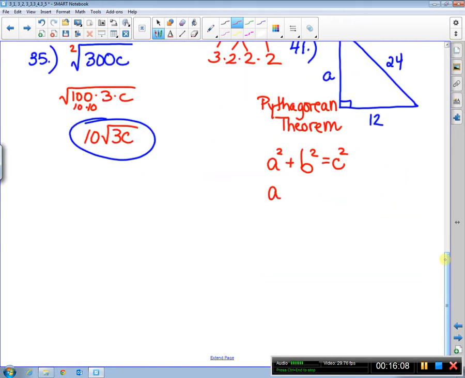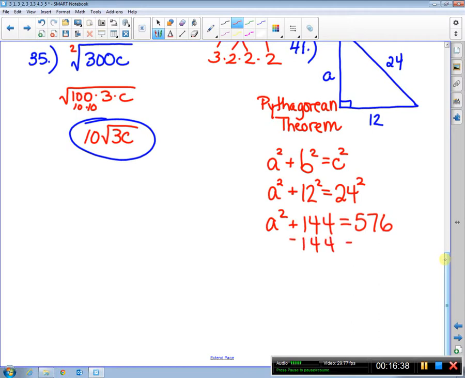So we have A squared plus 12 squared equals 24 squared. All right, let's get those squares figured out. A squared plus 144 equals 576. Subtract over 144.